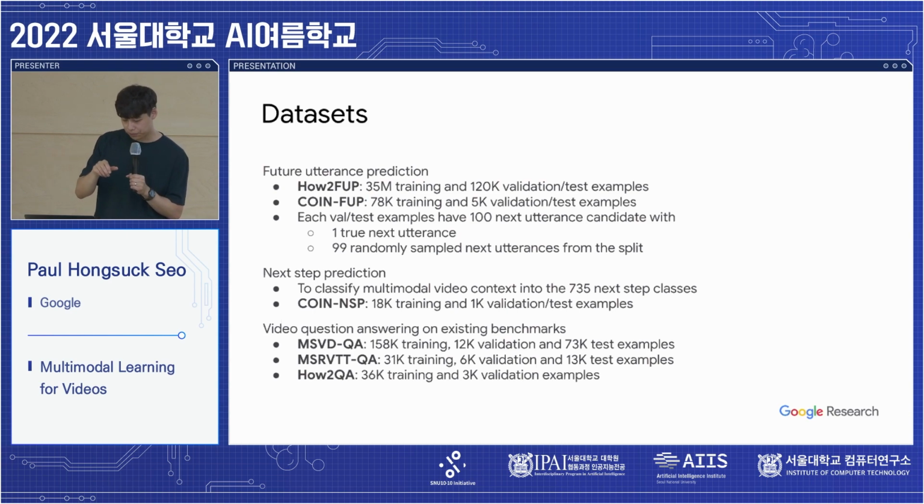So given the current speech ASR and the visual frames, the task is to predict the next step in the instruction. There are also some video question answering datasets that we use. I will introduce those at the end.